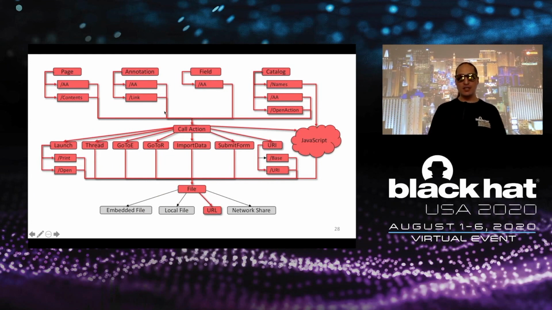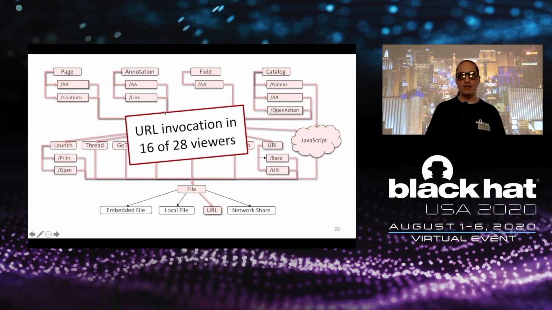And if you do this really systematically, craft a lot of test cases, then what happens is if we test them in 28 popular PDF applications, 16 of them will resolve the URL in the background without asking for any user consent. And this can definitely be considered privacy invasive, right? So it could be used, for example, to de-anonymize users like journalists or activists behind a shared mailbox. We don't want that.